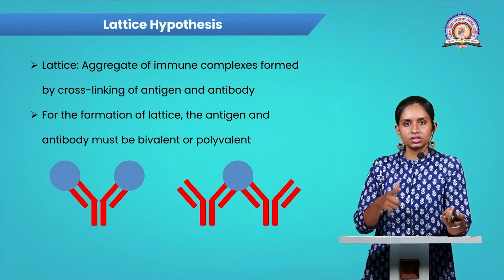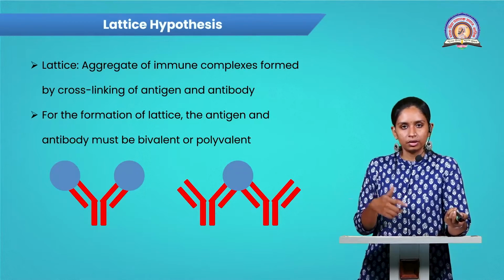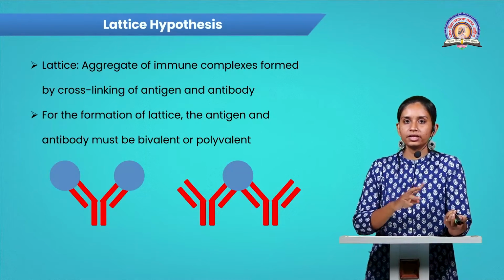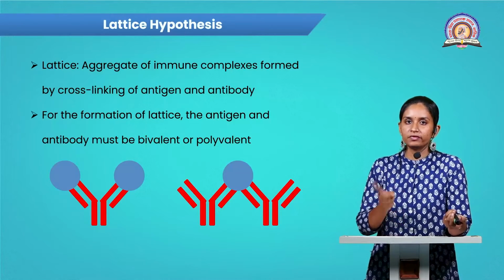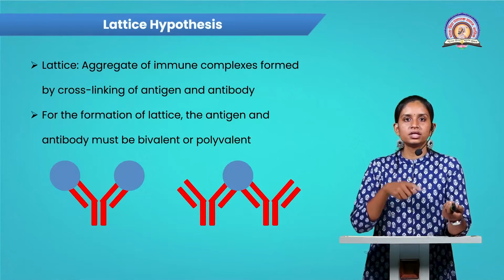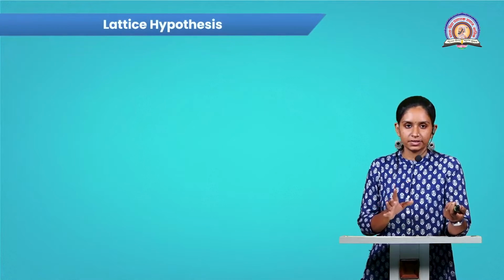If such multivalent interactions occur between antigen and antibody, then one antibody can interact with two antigens. Similarly, one antigen can interact with two antibodies, and this can result in a larger aggregate or complex formation, which is called a lattice.